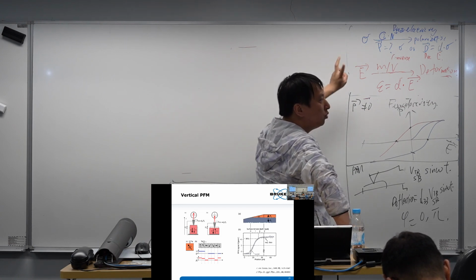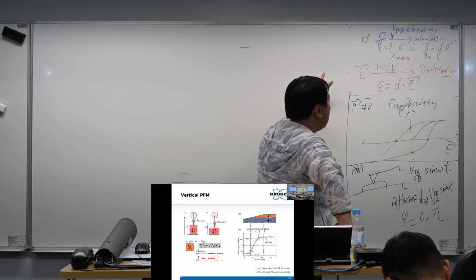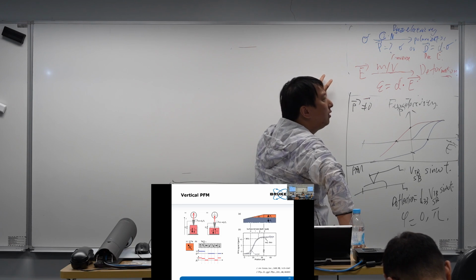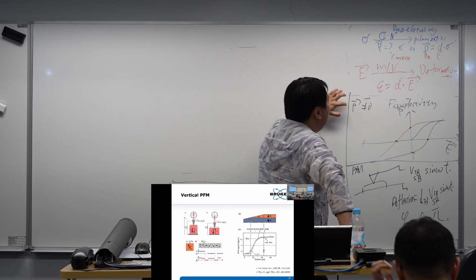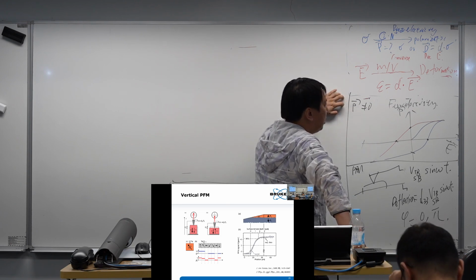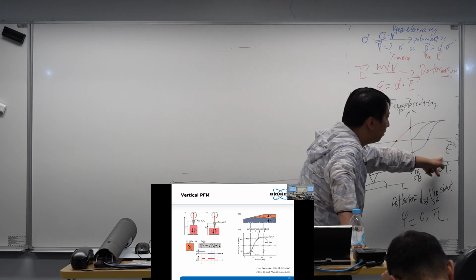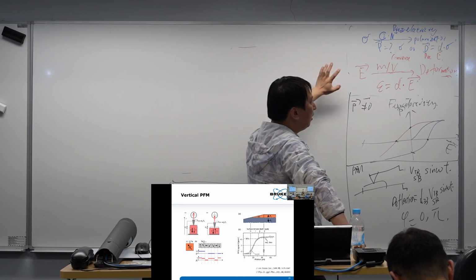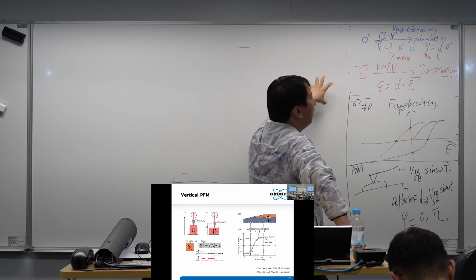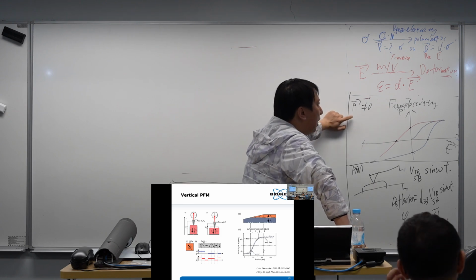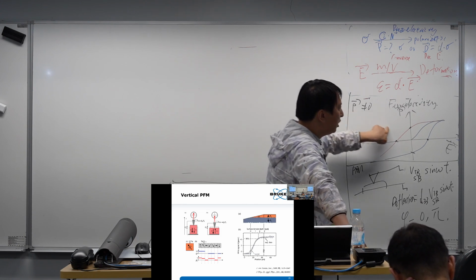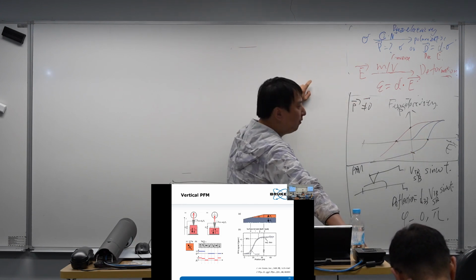It will have two stable polarizations, and this is ferroelectricity. If this polarization can be switched by an external field, we call it ferroelectricity. It means it is intrinsically charged, or intrinsically polarized, and the polarization can be changed using an external field.